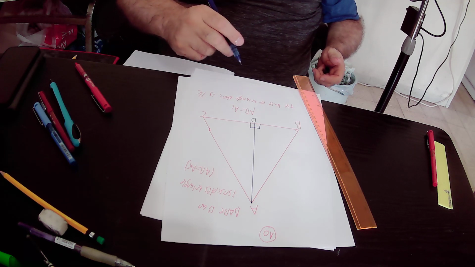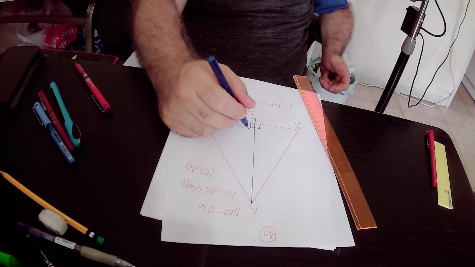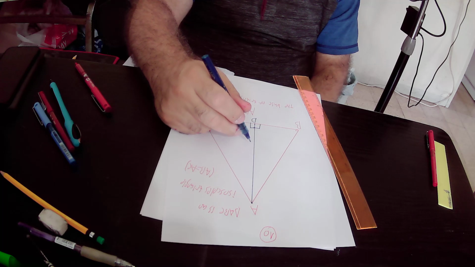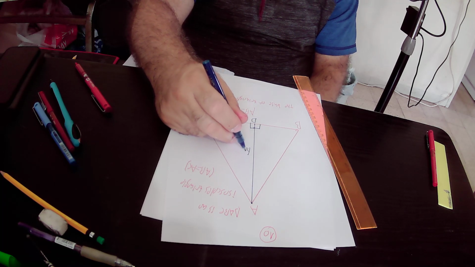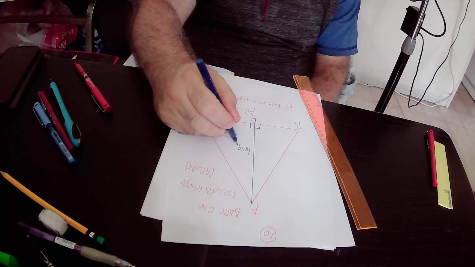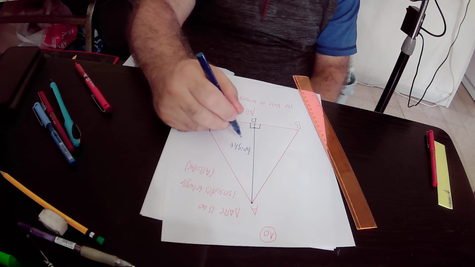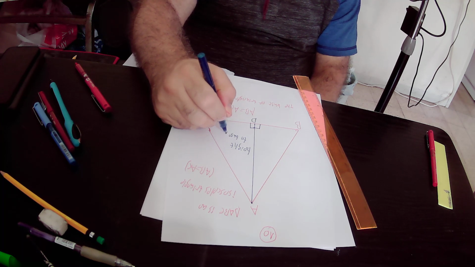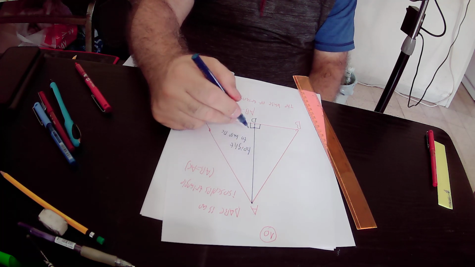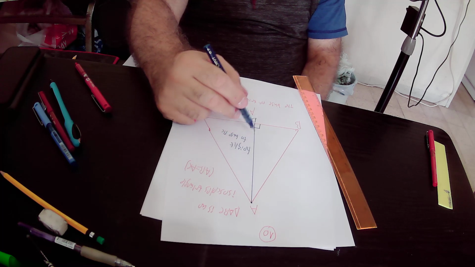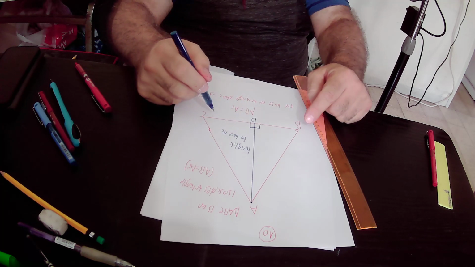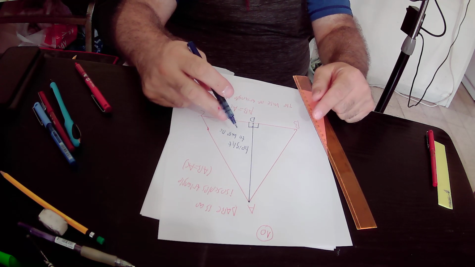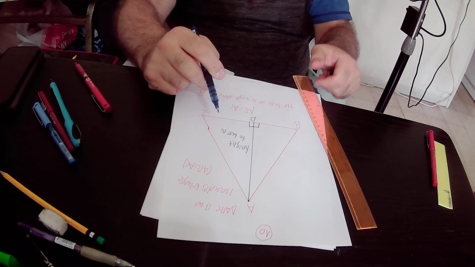That is the perpendicular to the base BC. AD is defined as the height to the base BC because it creates 90 degrees with the base BC.